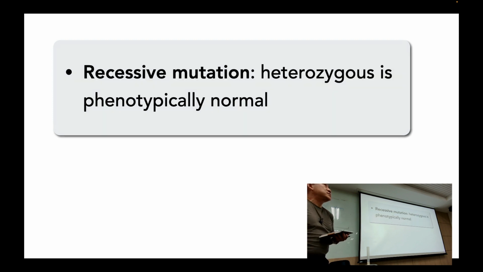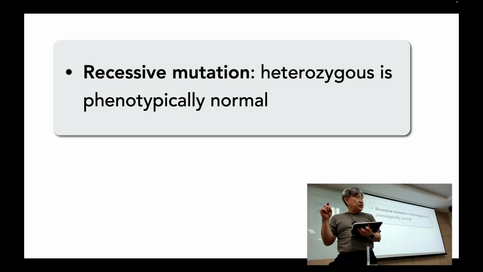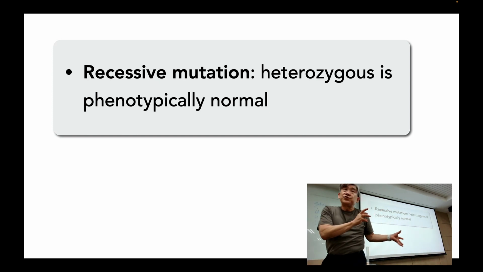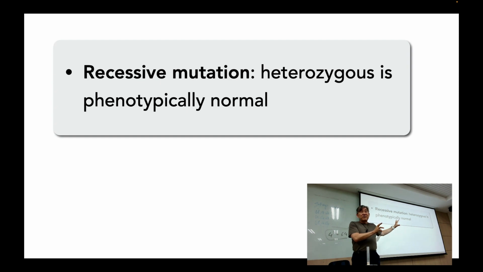Another characteristic of sickle cell anemia is that it is a recessive mutation. And as I explained earlier, we can easily predict whether this mutation would be dominant or recessive, because we know the molecular nature of this mutation. Due to this substitution, normal hemoglobin function was disrupted. In other words, the normal function was lost.